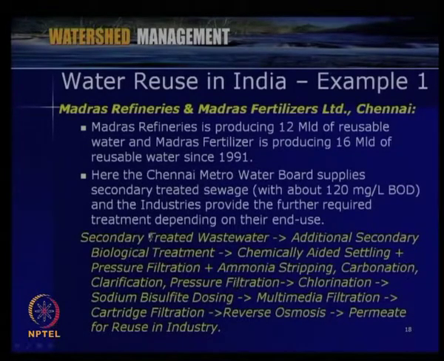This kind of flow chart is used for their own wastewater or the wastewater obtained from Chennai Metro Water. What I want to say is that depending upon the intended use and the quality or contents of the wastewater, we can have an appropriate treatment process and then reuse that wastewater.